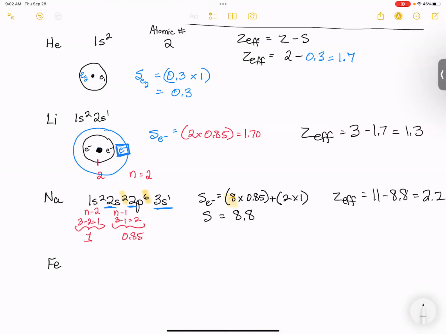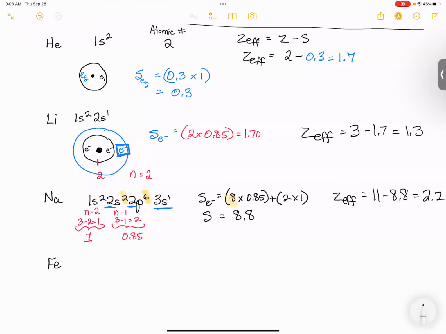Yes. There is no units on this Z effective. If you want to consider it as a unit, it would be the pull between the nucleus positive and that outer electron.